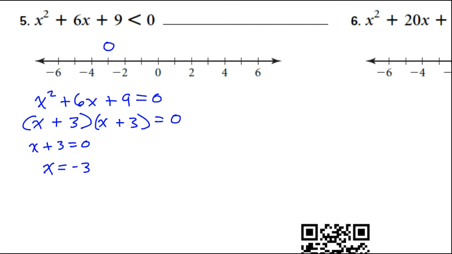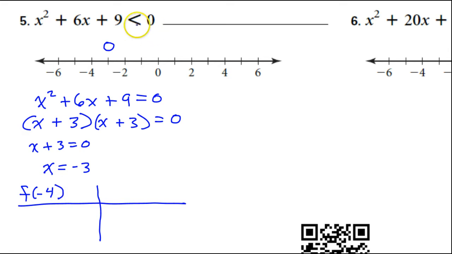Okay, so this single value divides the number line into two intervals, less than -3 and greater than -3. So we are going to do two test values, one in each interval. So let's pick a test value less than -3. So for example, -4. So let's see what is the value of the function at -4.